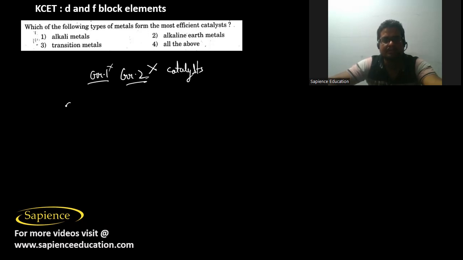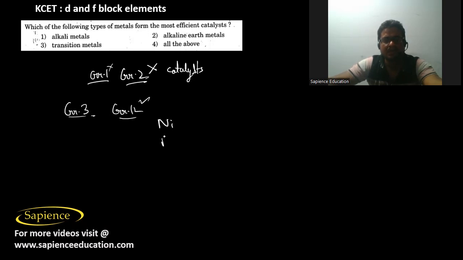Then here it is told, which of the following types of metals form the most efficient catalysts. Alkali metals means group 1 elements, and group 2 elements are called alkaline earth metals. They can't form efficient catalysts. Only the transition metals, which are the elements from group number 3 to group number 12, can form efficient catalysts.